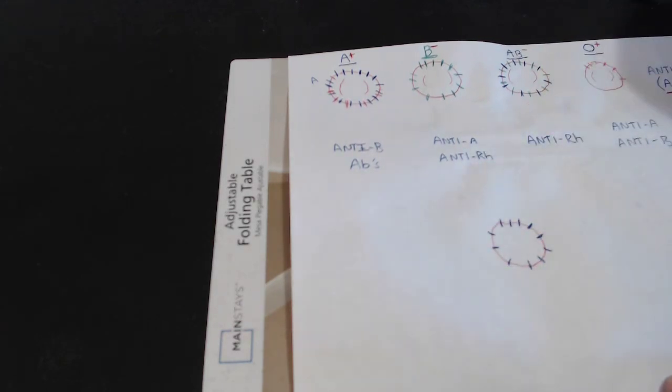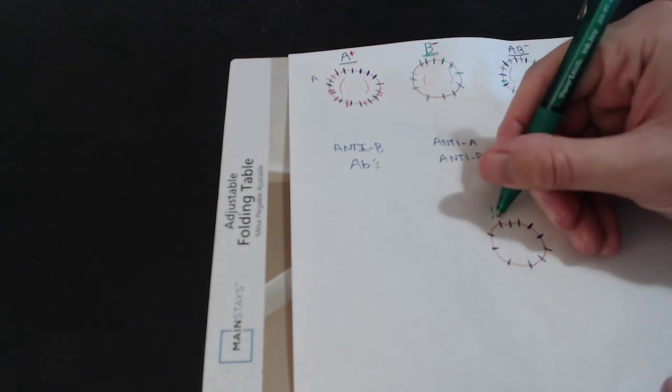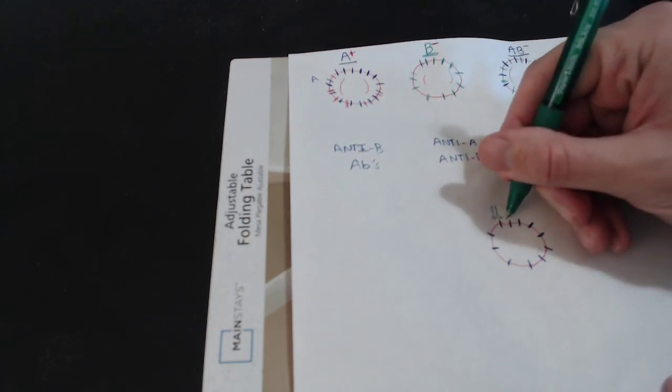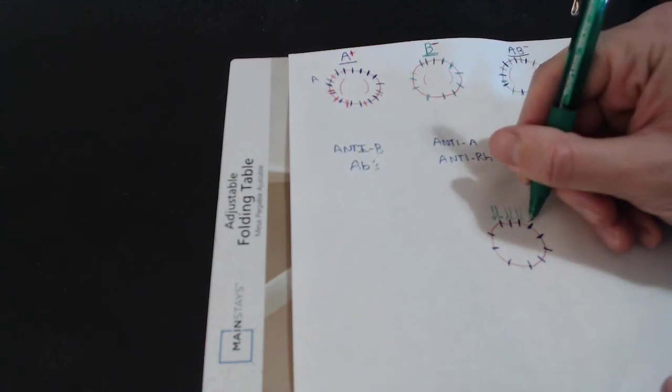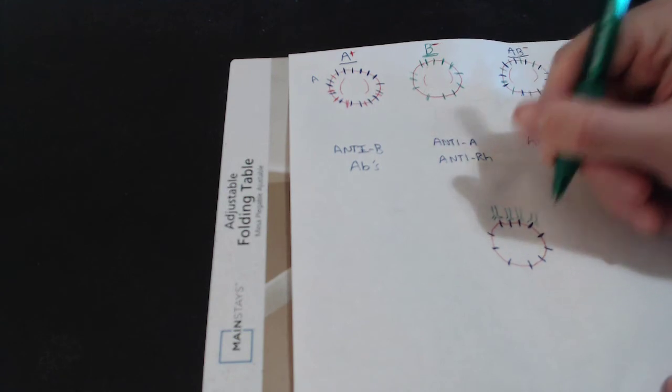If we have a scenario in which someone who is type A somehow encounters anti-A antibodies, and the antibodies come in and start recognizing these antigens, that is going to produce a big problem for us.